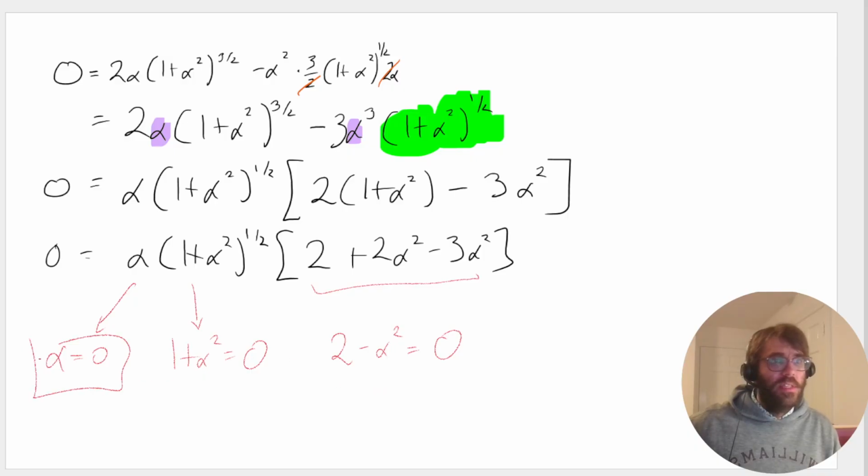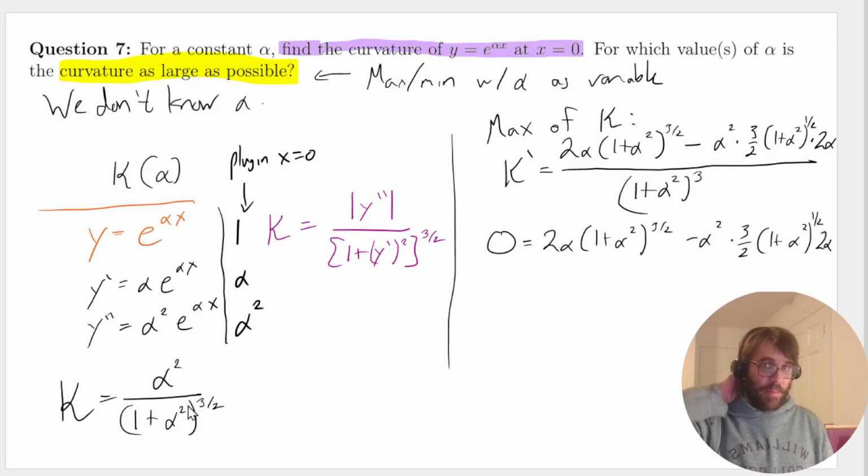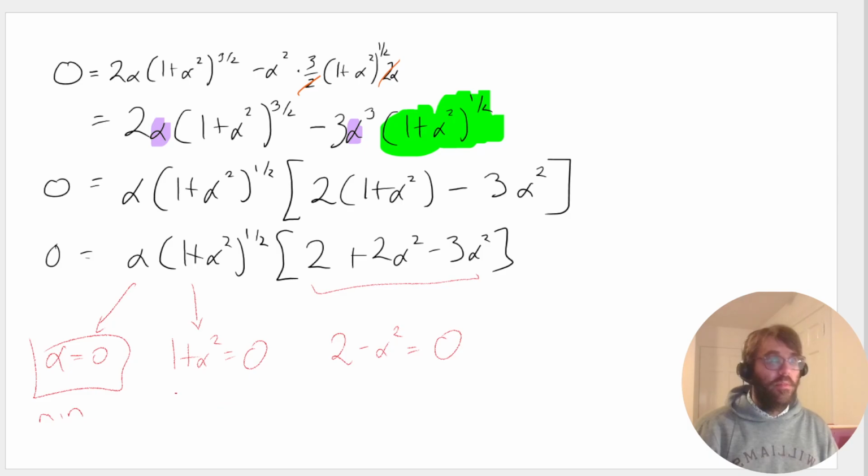Well, alpha equals 0 turns out to be the minimum. If we go back to our kappa, everything's going to be positive except when alpha is 0. So that's a minimum. This one has no solutions, so we have no critical numbers there. This one, alpha equals plus or minus square root of 2.